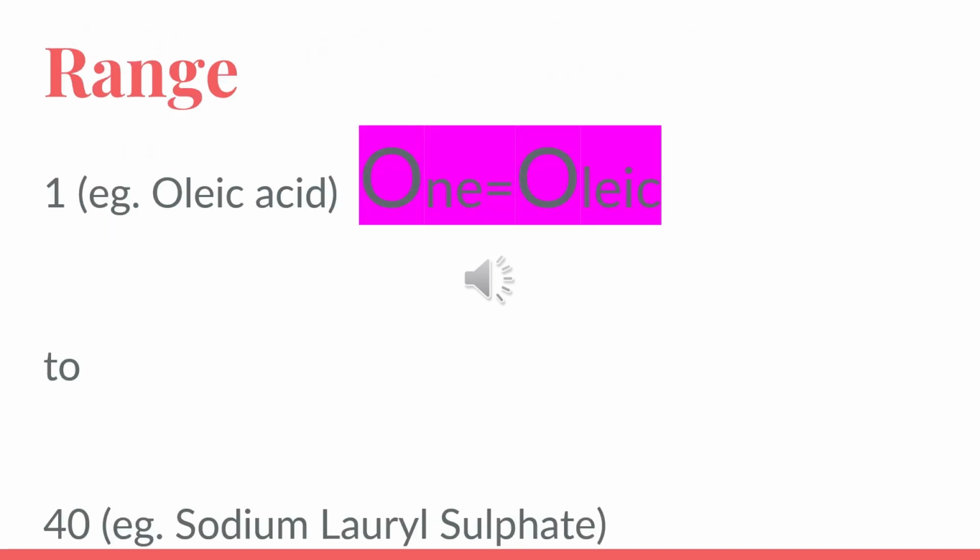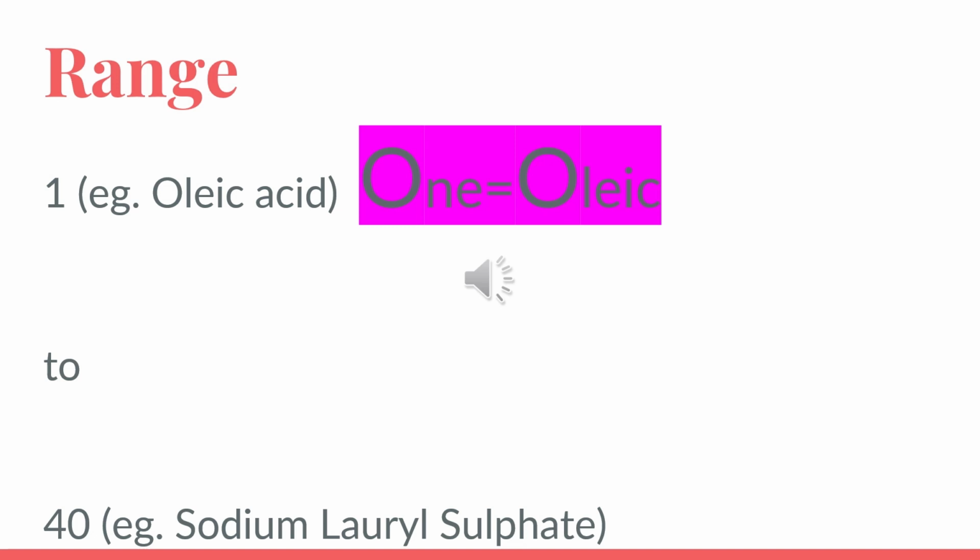What is the range of HLB value? The HLB value ranges from 1 to 40. Value 1, for example, is for oleic acid. Oleic acid has an HLB value of 1, and some other compounds have higher HLB values.